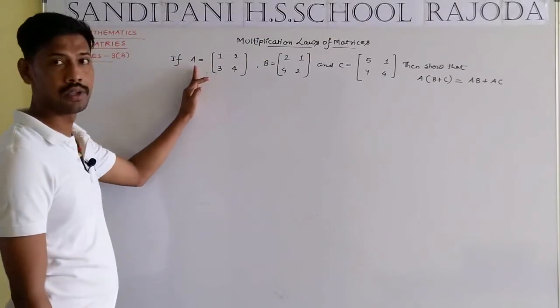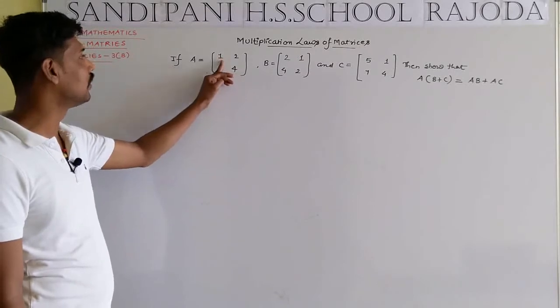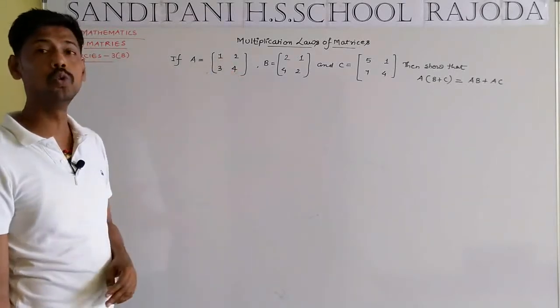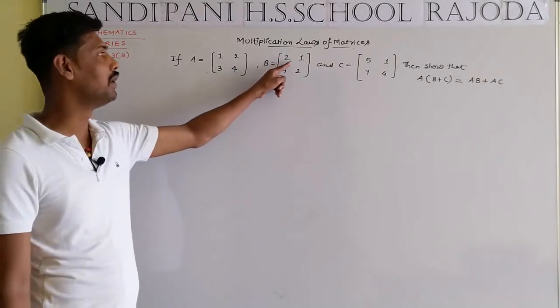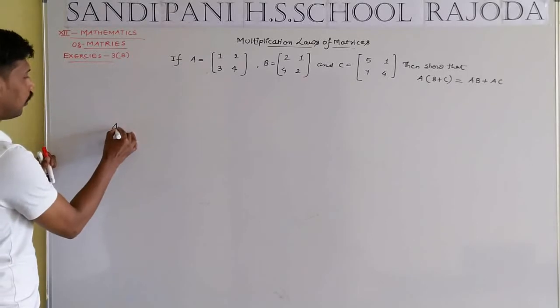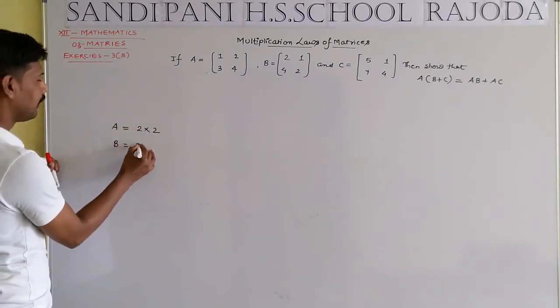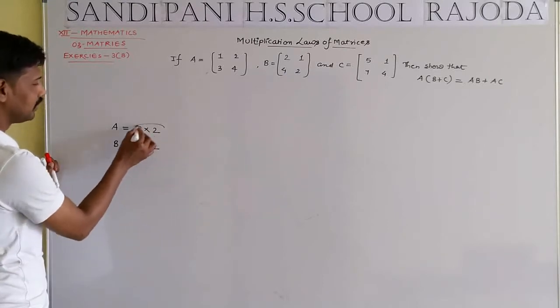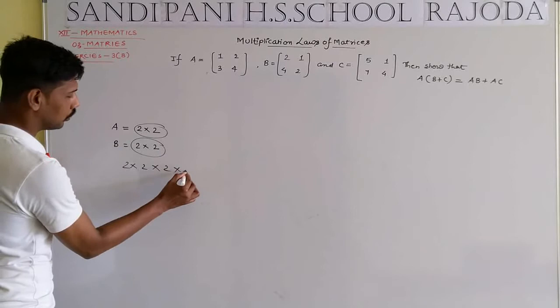If A is a matrix with elements 1, 2, 3, 4, that means the order of the matrix is 2 by 2, and B is also 2 by 2. I repeat, if the order of the first matrix is 2 by 2 and the order of the second matrix is 2 by 2, that means 2 by 2 into 2 by 2.